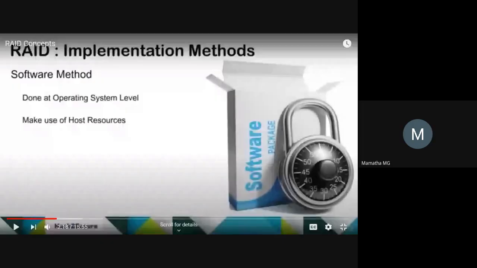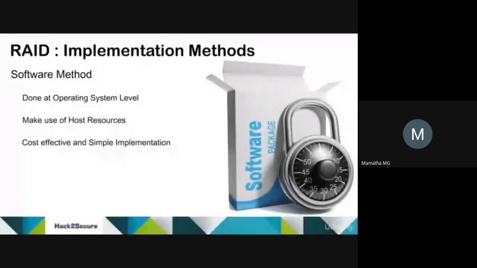Software implementation of RAID is done at the operating system and makes use of host resources like CPU cycles, memory, etc. It doesn't require a dedicated hardware controller to manage the RAID array. Software RAID is also called the poor man's RAID solution due to its benefits in terms of cost and simple implementation. The administrator needs to play around with software settings to manage the RAID implementation without paying anything for dedicated hardware.